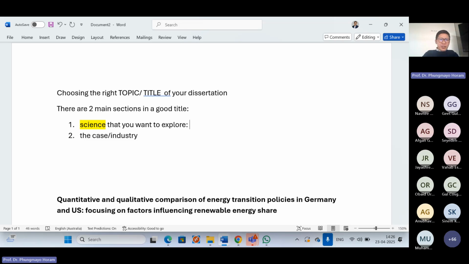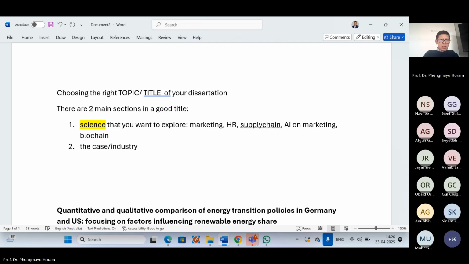Some people are interested in marketing science, some in HR, some in supply chain, some in AI, some in whatever. Influence of AI on marketing is one particular science. Some might be interested in blockchain. So that is the science that you are referring to, right?